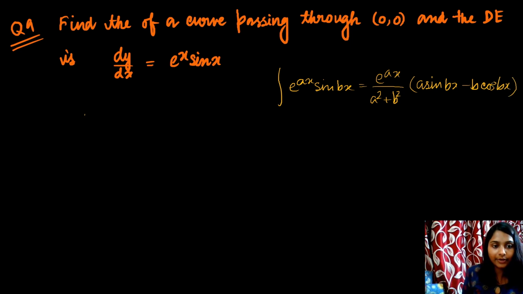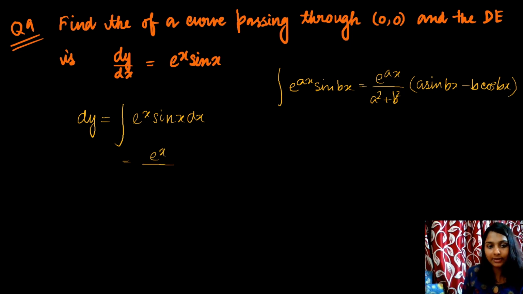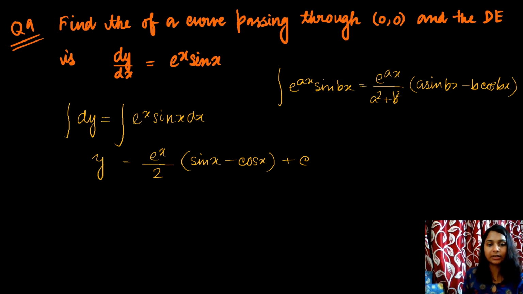So here we have y equals integration e power x sin x dx. By using that formula, we can get a is 1 here and b is also 1 here. So it will give e power x by 2, and again sin x minus cos x plus c, and there is integration sign here also.